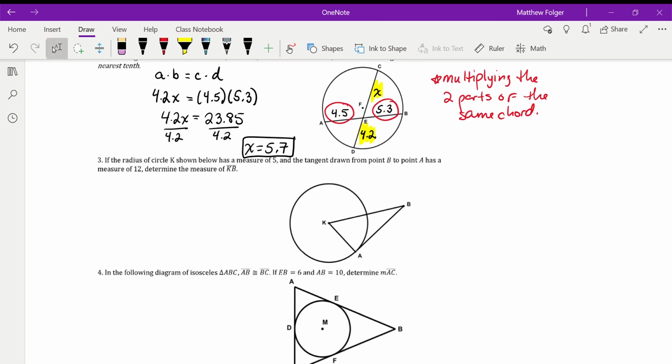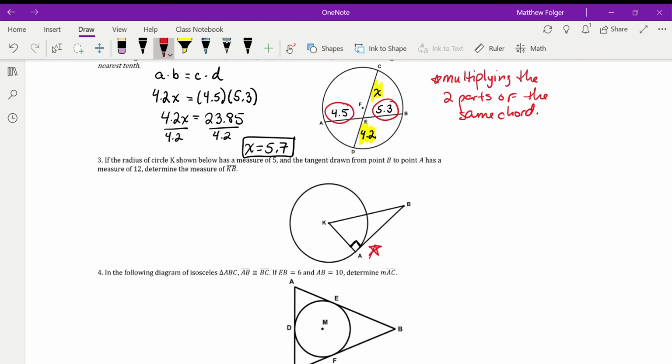Number 3 has a special relationship between two of the lines in this triangle. Okay, we're told this is a radius and this is a tangent. Whenever you have a radius that meets a tangent, this is a right angle. That is extremely important to know because the fact that this is a right triangle means we can use Pythagorean theorem, we can use SOHCAHTOA.